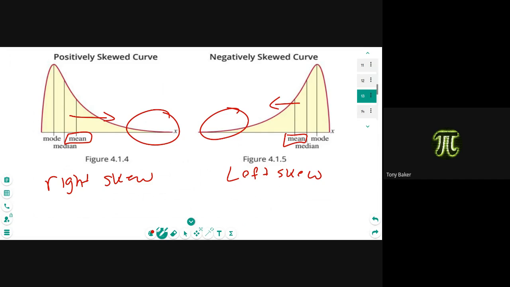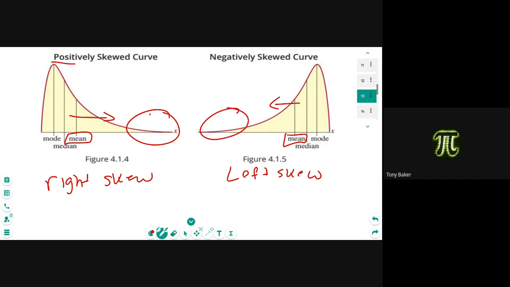And they're being pulled because of outliers, or extreme points. So in the standard bell curve, they're all stacked on top. It's left and right, depending on how they're actually being pulled away from that peak. So in this case, they're being pulled to the right. In this case, they're being pulled to the left. That's why it's right and left skewed.